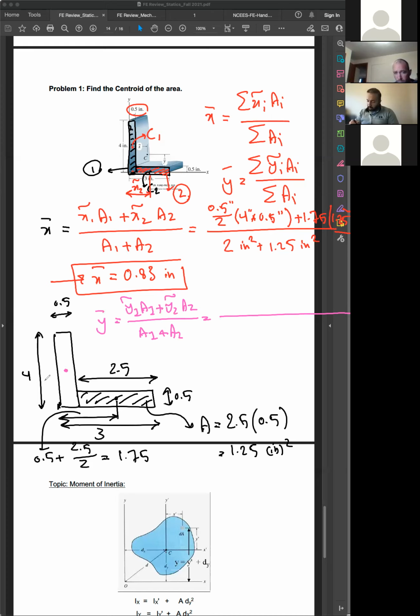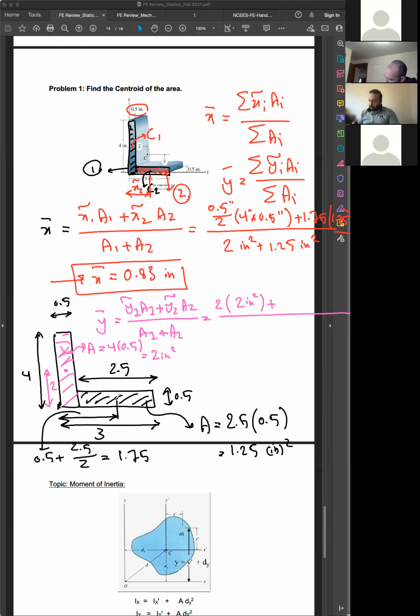This is a centroid. The y of that would be this much, it is 2. So 2 times the area of that, which you already found to be 4 times half, which is 2 square inches. All right. So it is 2 square inches plus, okay.